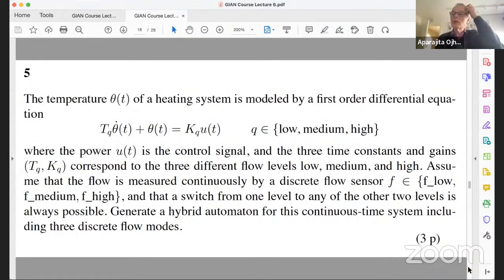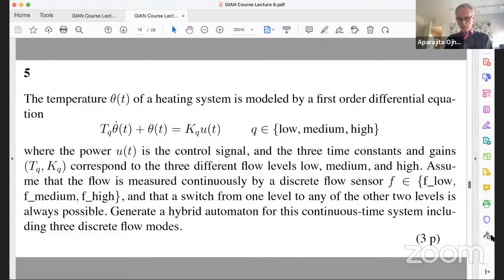Okay, before we leave the area of hybrid systems, I would just like to show you 2 examples also on some modeling of this type of system. So this is a temperature situation where you could say that we had the level control before, and now we have the temperature control. And in this case, we have discrete flow sensors, one measuring low, medium, and high value.